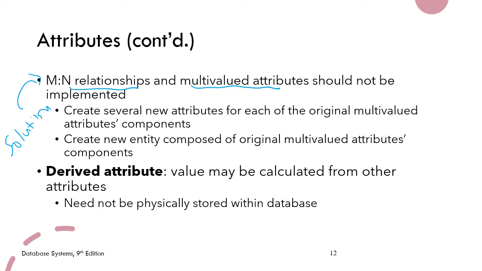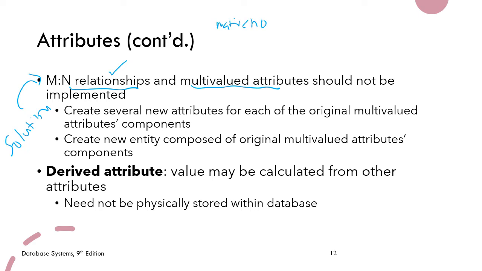If you get a many-to-many relationship, or a multi-valued attribute, this is what you can do to solve the situation. This will be explained later. This one is like before, for example the student metric number.